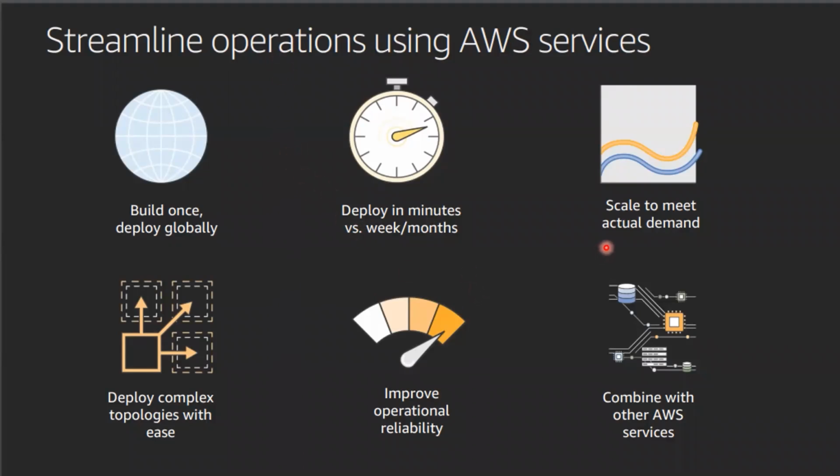Then in terms of performance and operation reliability, you have a visibility of what's going on inside your infrastructure. Metrics related to performance are available at your disposal, and you can see basically what is happening inside your application. You have complete visibility, so you can monitor each and every aspect of your application.